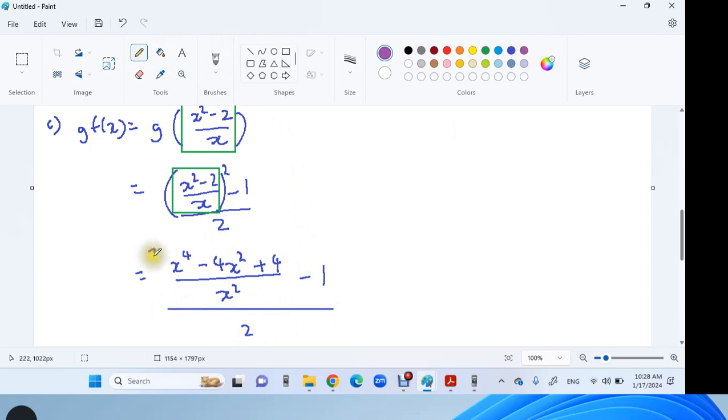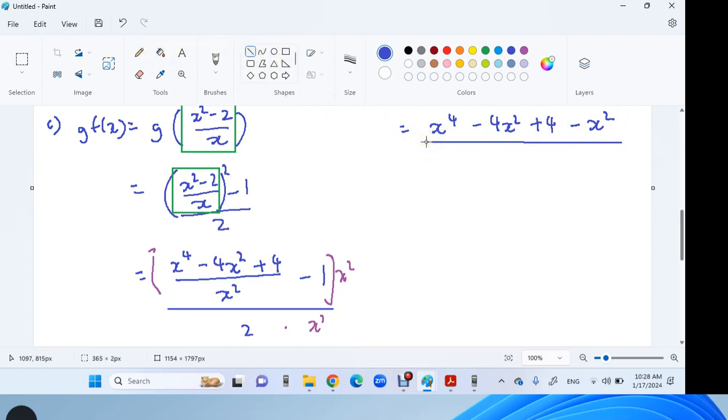What I do here is multiply by x squared here and here. Then it becomes x to the power 4 minus 4x squared plus 4 minus x squared, and the whole thing divided by 2x squared. So it becomes x to the power 4 minus 5x squared plus 4, divided by 2x squared.